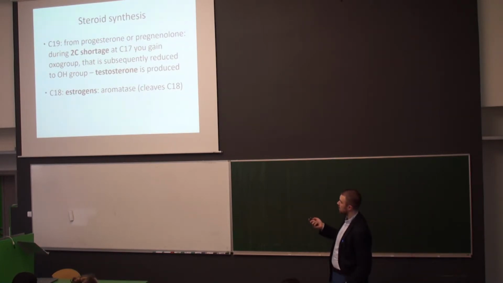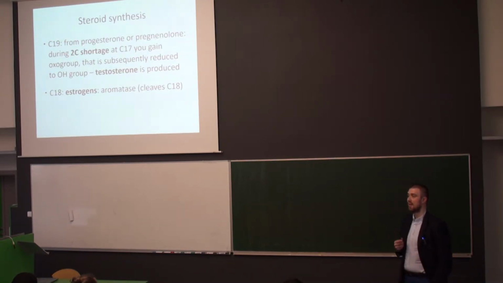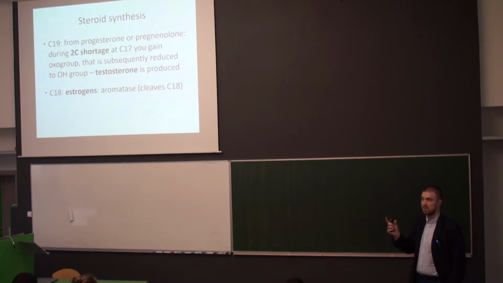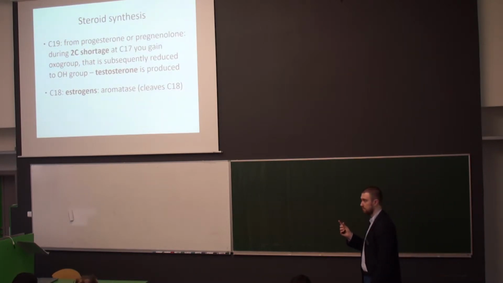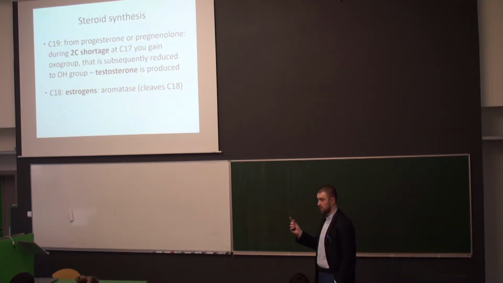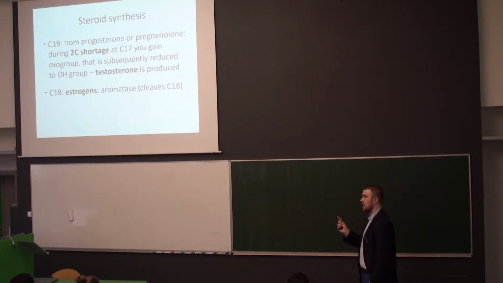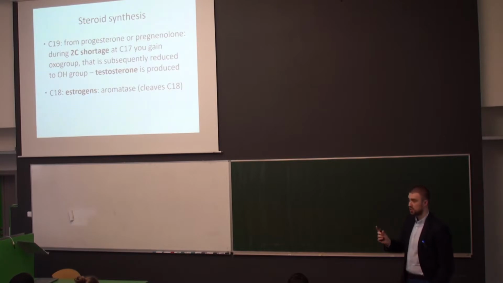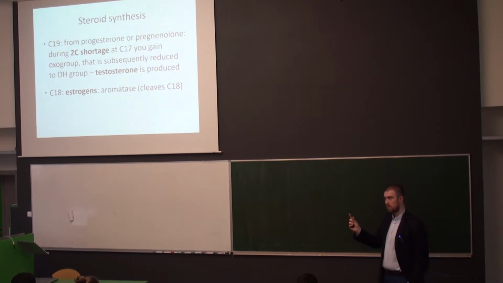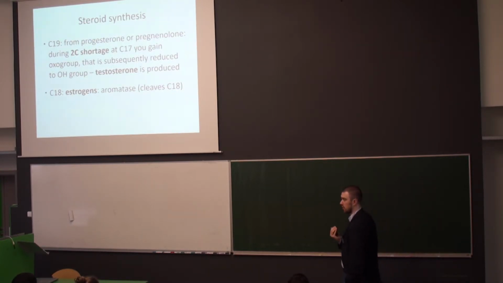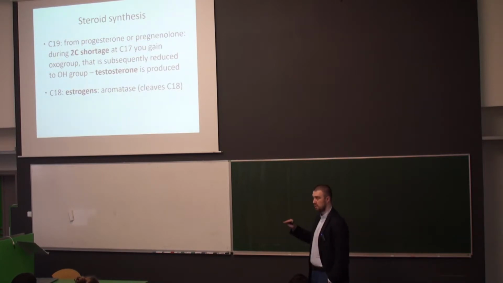Therefore, this shortening by 2 carbon atoms is done by the enzyme called 17,20 lyase, or simply lyase. That's the first part of the synthesis of androgens, starting from progesterone or pregnenolone, where you remove 2 carbon atoms. And this is an irreversible step. You never can return.